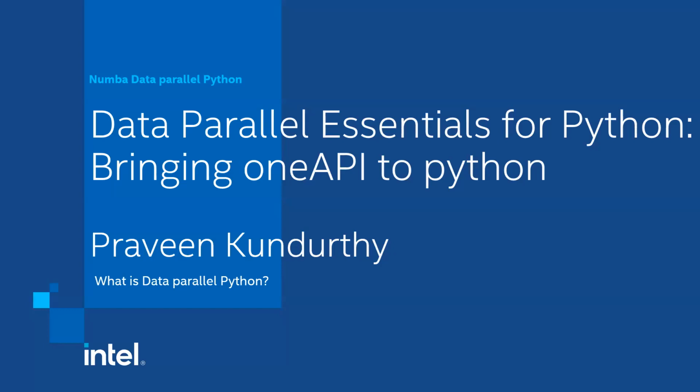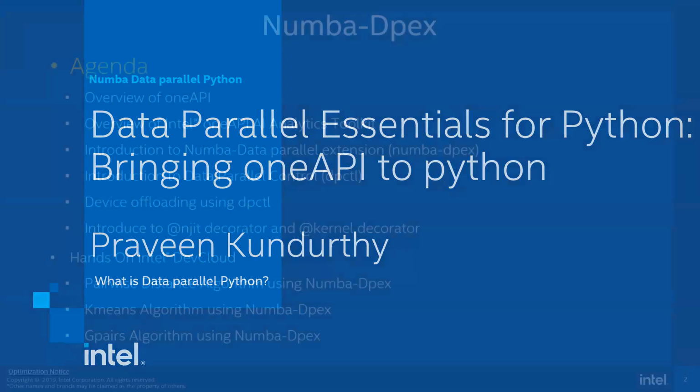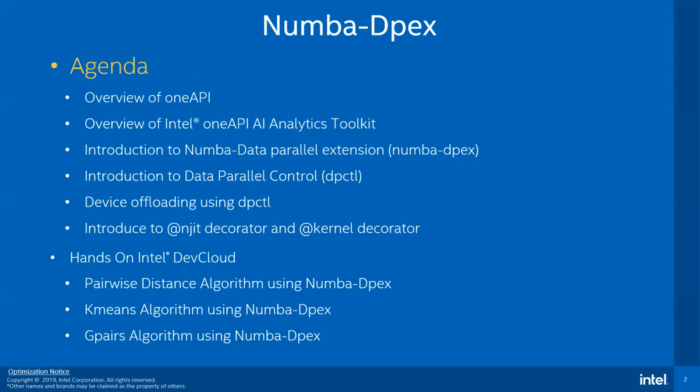With that, let me start and let me do the agenda first. What we'll be doing is we'll talk briefly on an overview of oneAPI. We'll talk briefly on the Intel oneAPI AI Analytics Toolkit. We'll introduce the Numba data parallel extension, which is called Numba-dppy. We'll also introduce a module called data parallel control, which is DPCtl.